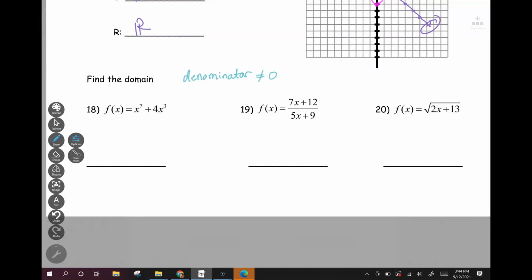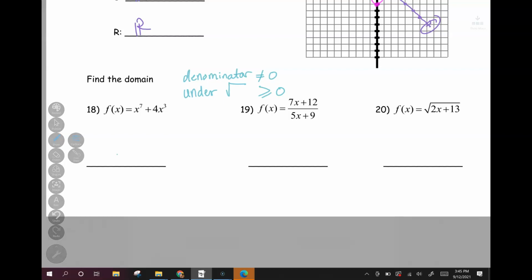Solve for x. And then you've got square roots. What's under the square root has to be greater than or equal to 0, because you can't take the square root of a negative number. So those are the only 2 things you're watching out for, and otherwise it's all real numbers.